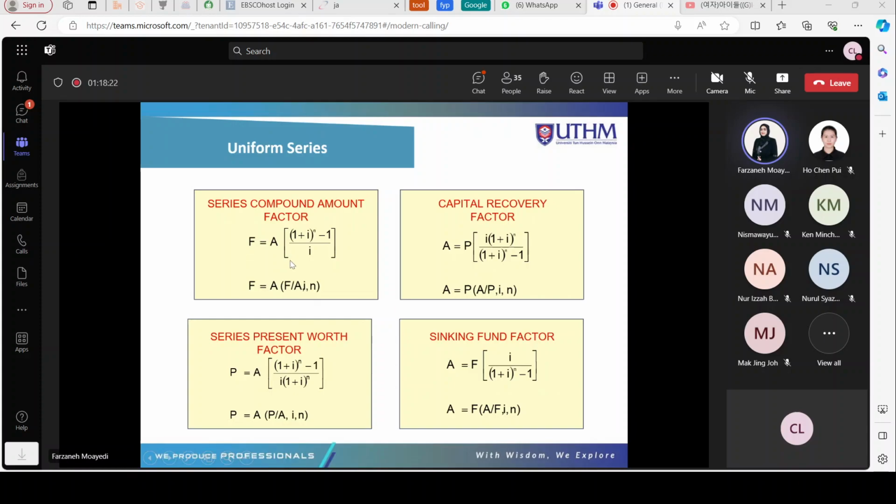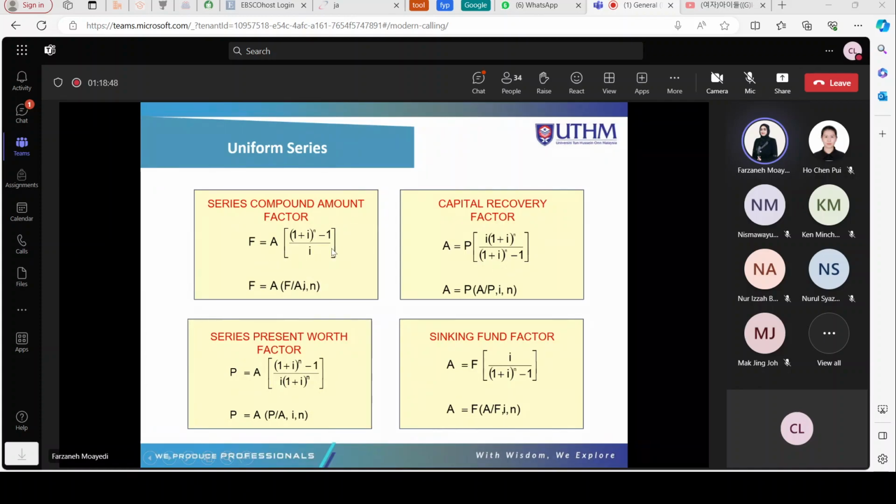But to me, as long as you can understand what the question asks, what is given to you and what you need to calculate, you can always write down the notation yourself based on the information given.